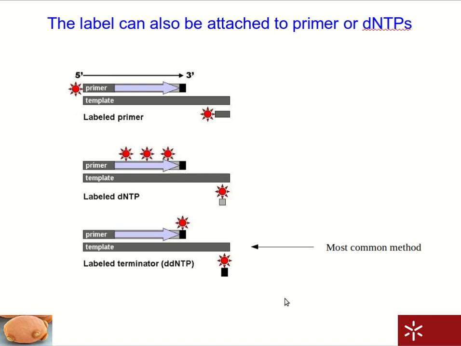Each of these methods has its advantages and disadvantages. This is the most commonly used method actually. Here you would have to use mostly labeled dNTP, which might be more expensive, and in this case you might have to synthesize a completely new primer for each sequencing experiment.